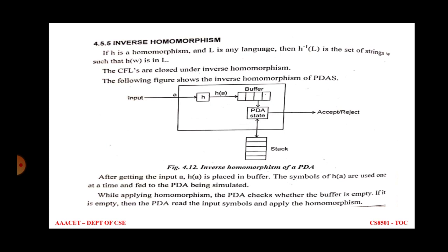But if the buffer is empty, then the pushdown automata reads the input symbol from the given grammar, applies the homomorphism, and also simulates with the pushdown automata by using the stack to check whether the input string is accepted or rejected. So the CFLs are closed under inverse homomorphism, and the CFL is not closed under intersection.